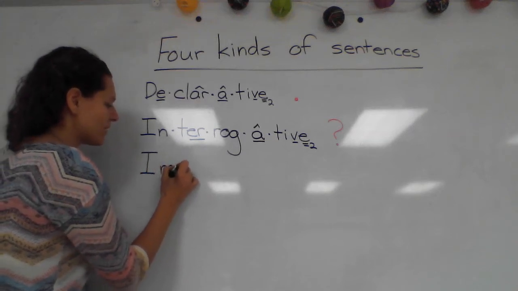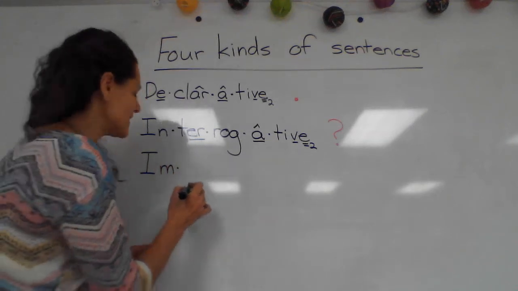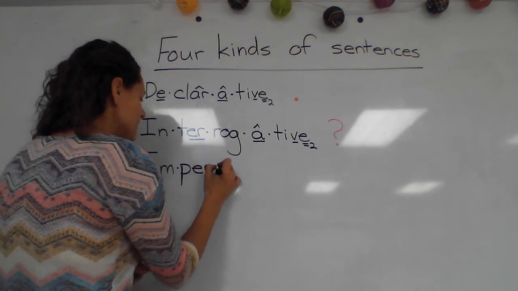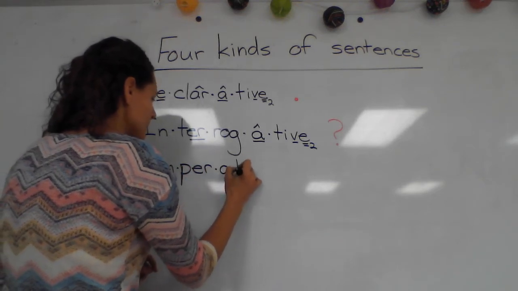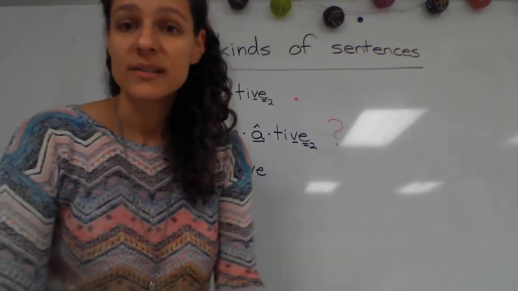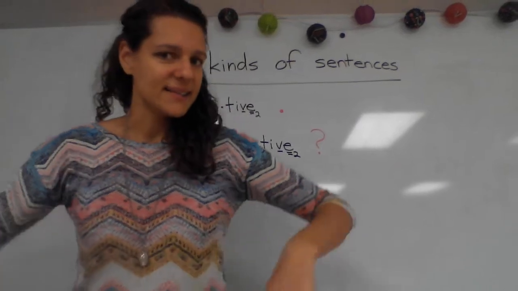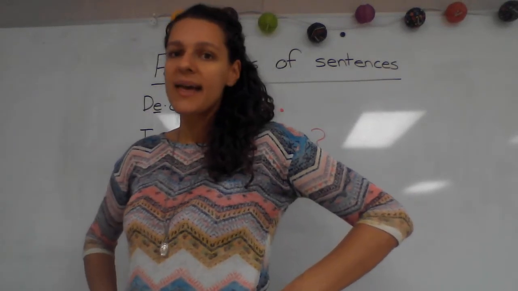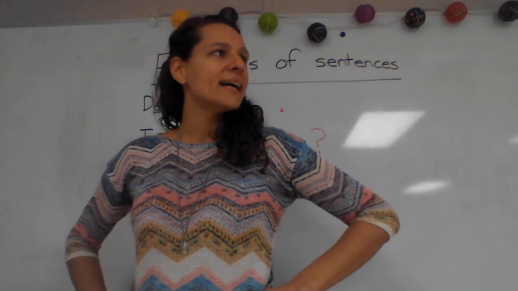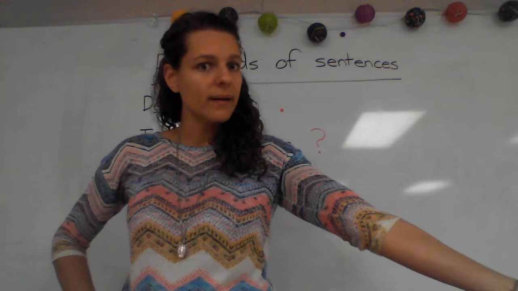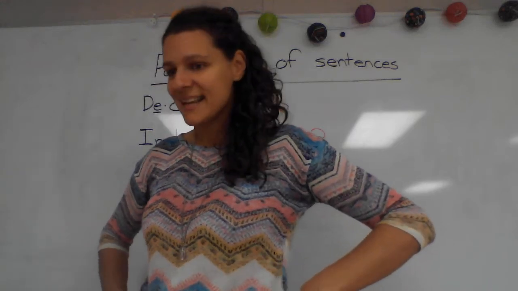We can also call this a bossy sentence because an imperative sentence gives a command. Right, so if you are at school and it's time for us to be working in our math workbook, and I see you just looking out the window, and I say, get to work, that's an imperative sentence.